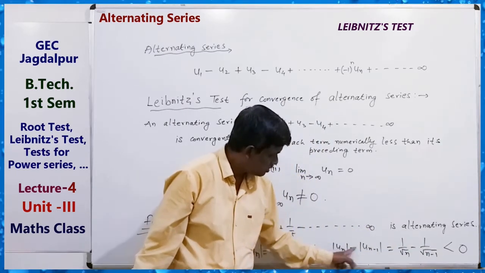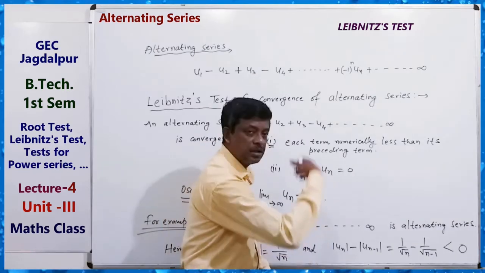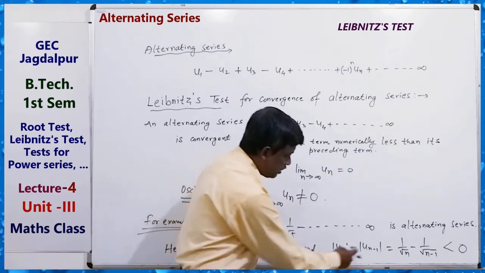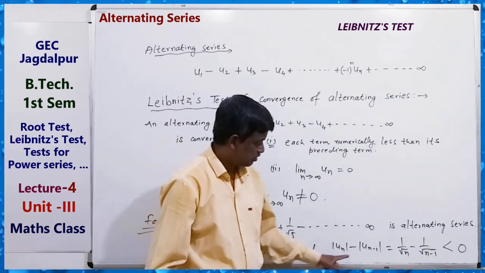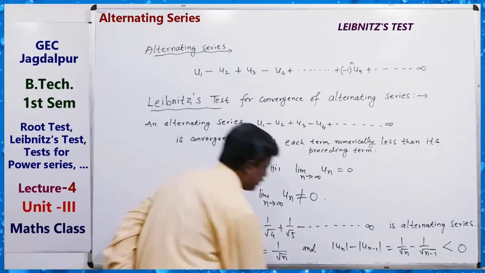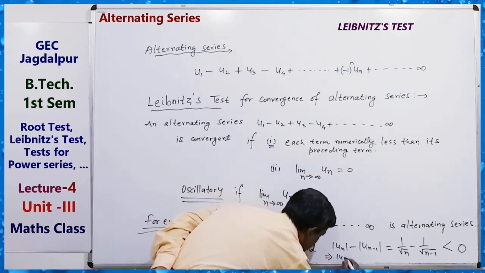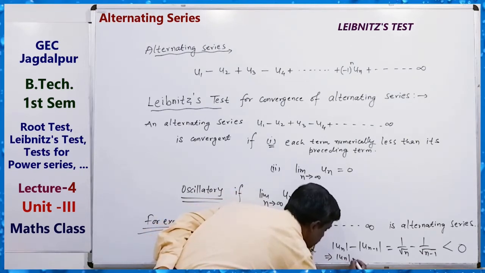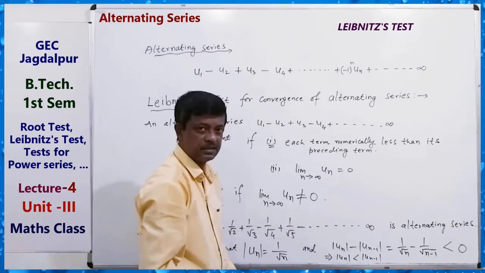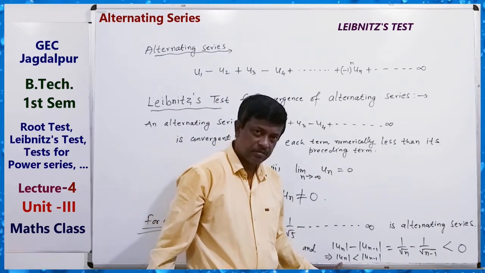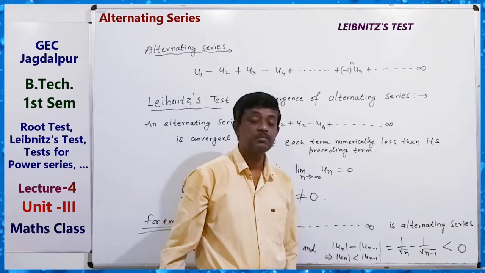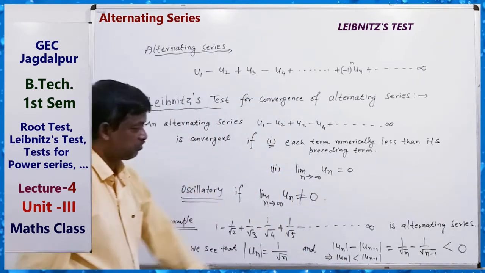That is, mod un is less than mod u(n-1). So u(n-1) is the preceding term and un is the following term. So un is less than u(n-1); that is, each term is numerically less than its preceding term.